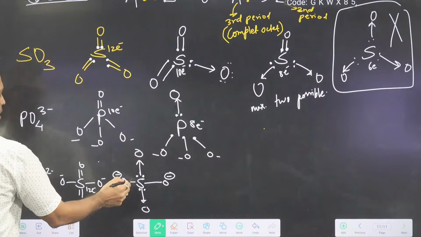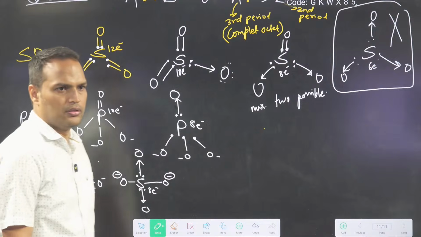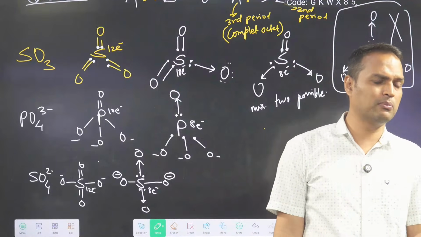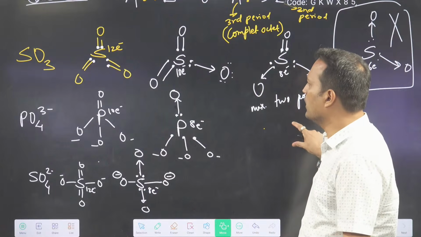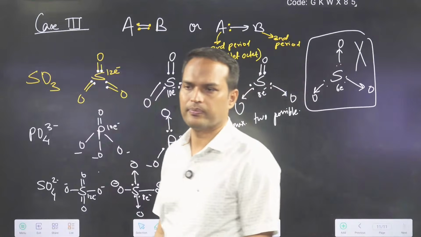Still it does not have any problem. In these cases, wherever you find sulfur double bond, phosphorus double bond, more than 8 electrons, you can replace it by a coordinate bond. So this is the third case.